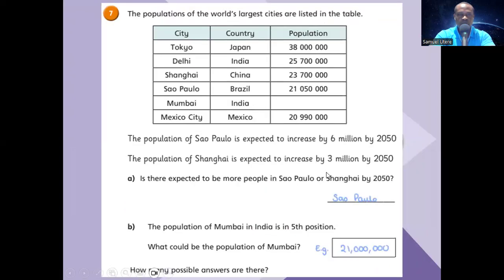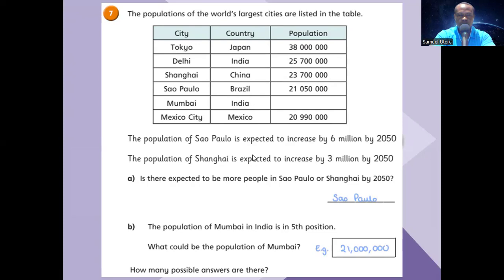Question 7, you were asked: is there expected to be more people in Sao Paulo or Shanghai by 2050? So here, the skill you require is to read the chart and read the question.